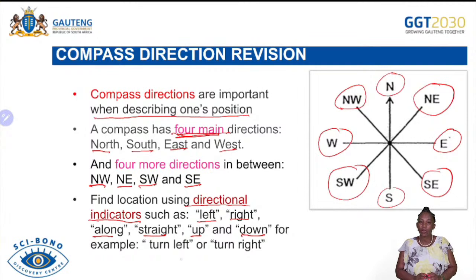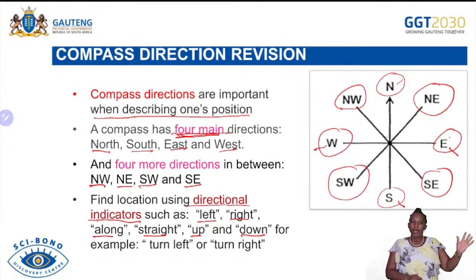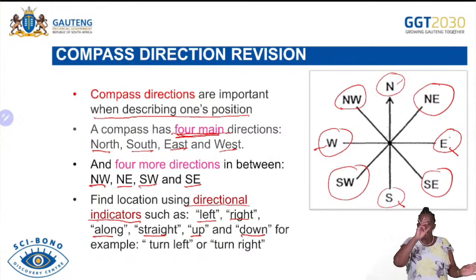Usually I say to my learners, with N, I will say it is never, ever smoke weed, so that you don't forget. Even if I can do it practically, I will always say, never it goes up, ever. That will be on your right, and then going down it will be smoke, and then on your left hand side it will be the west. Then you say never ever smoke weed.